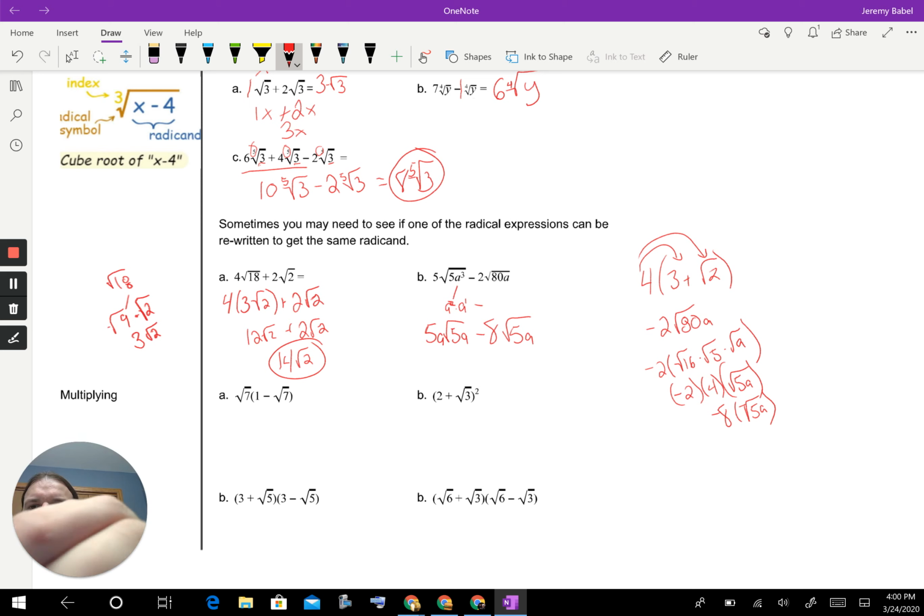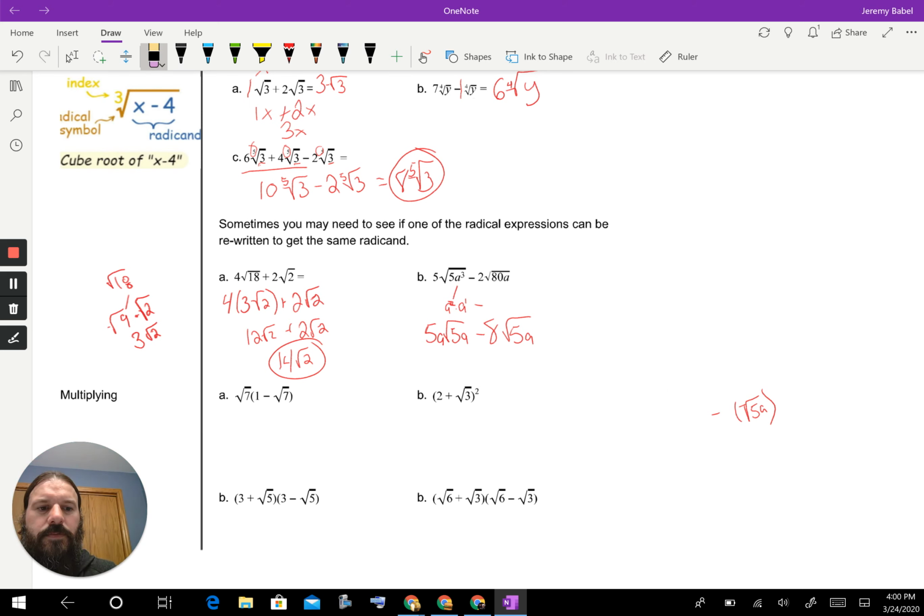Let's just erase this for now. If we remember, we think about this as just a variable. So let's say we had 5a times x minus 8x.